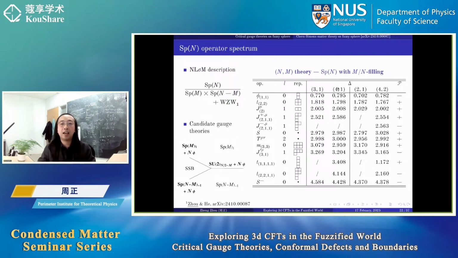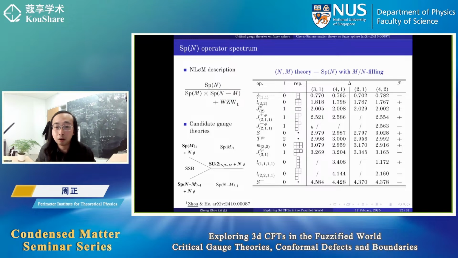So we find that these SPN theories with different filling, their operator spectrum has many things in common. For example, the lowest operators in the antisymmetric rep or the spin 4 rep, their scaling dimension is very close. But there are also some different things.